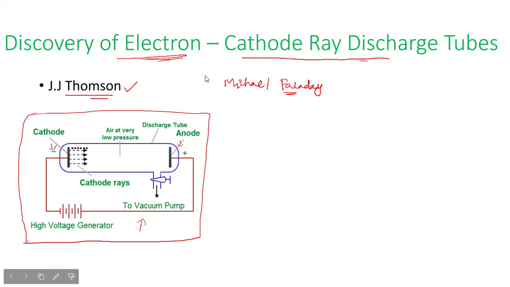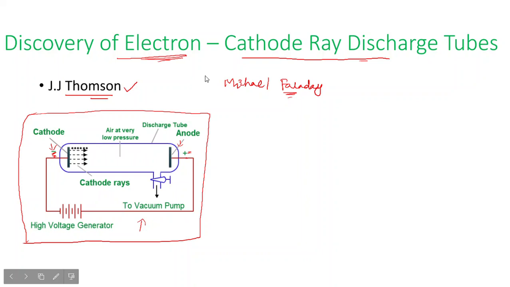Electrodes are just the cathode and anode. So Michael Faraday found that matter gets deposited at these electrodes.